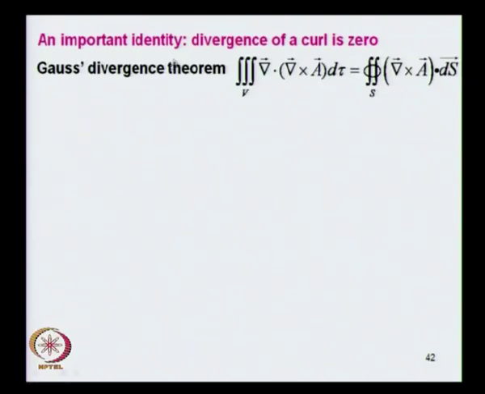This volume integral is then equal to the surface integral, over the surface which encloses the corresponding volume, of the dot product of that vector with a surface element. For a closed surface there is no ambiguity in defining the direction of the surface element: it is always the outward normal.